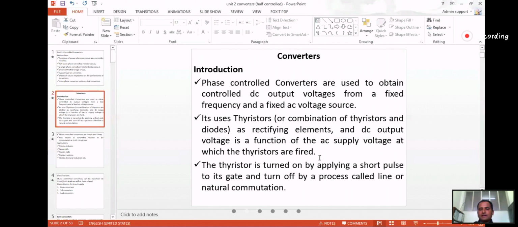If we apply a short positive gate pulse on the thyristor, then the thyristor will start conducting. The other process is to turn off. How do you turn off this thyristor? We have already learned in the first unit that force commutation or natural commutation techniques are used.